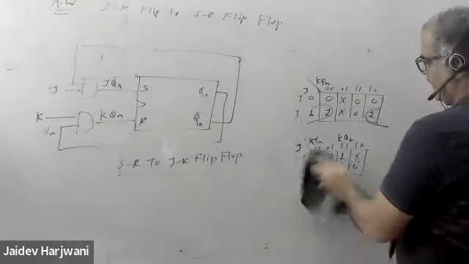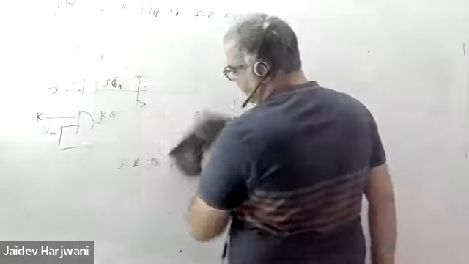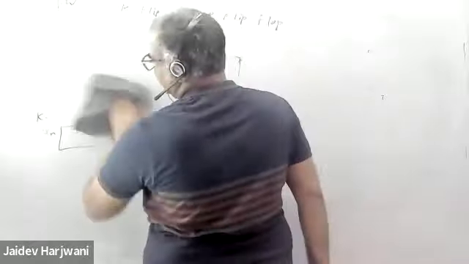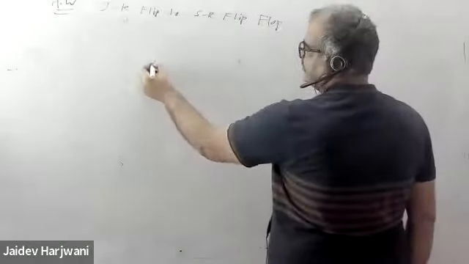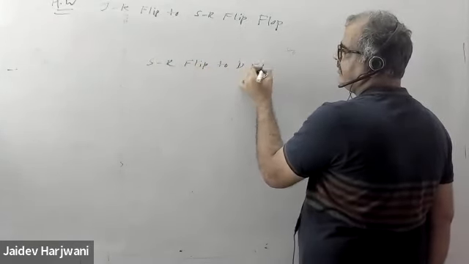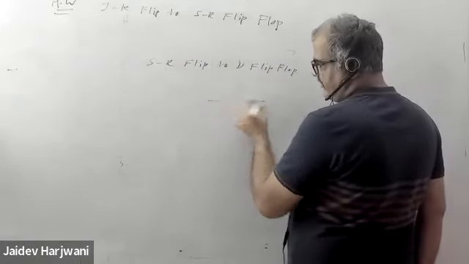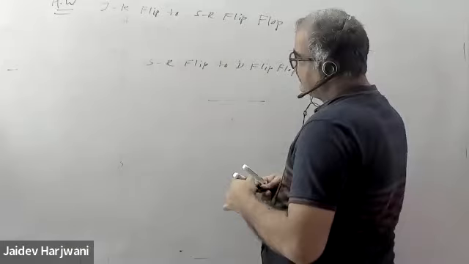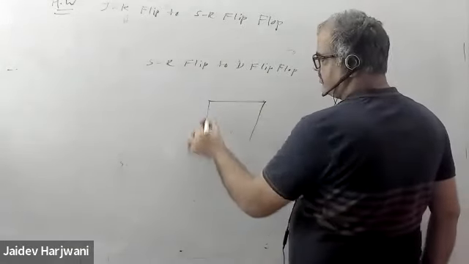Okay. And some conversions are very easy. How? Like suppose I want to do SR flip flop to D flip flop. So we have already done this. If you want to solve, you can solve again with the same method. And we already know how to convert SR to D flip flop. So what have we done?